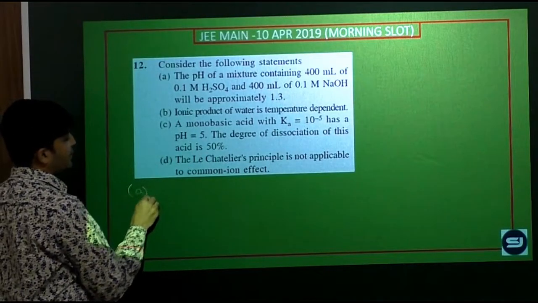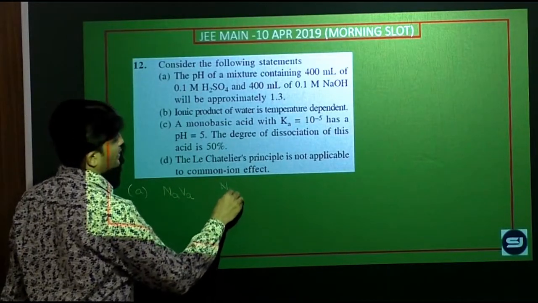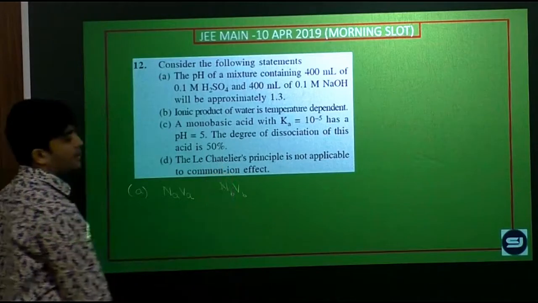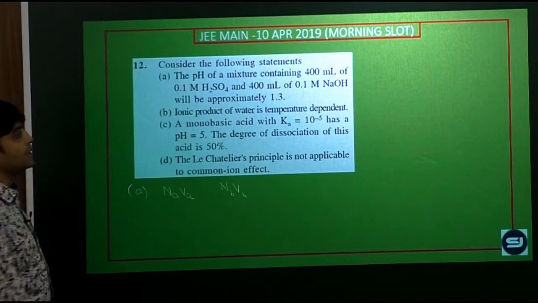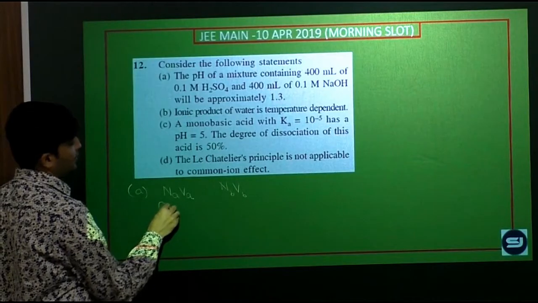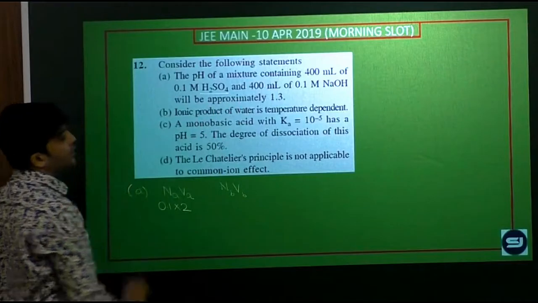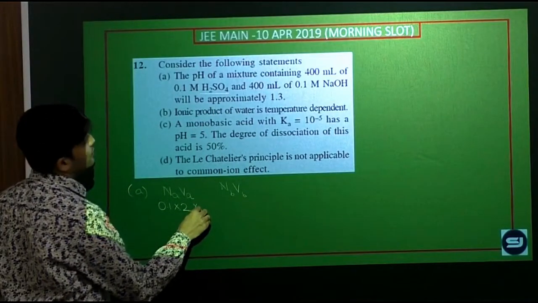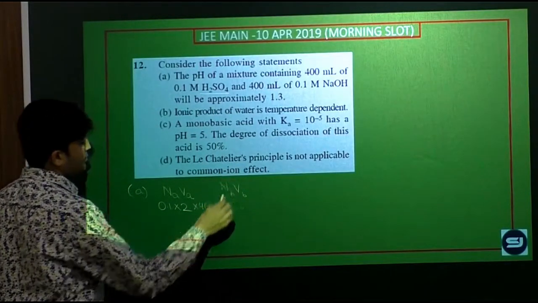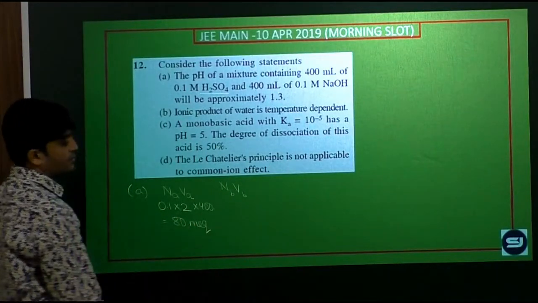So for acid and base, we will first check the equivalents of acid as NaVa and the equivalents of base as NbVb. For acid, we have normality as 0.1 into 2 because it's a dibasic acid, into the volume which is 400. So this will be equal to 80 milliequivalents.